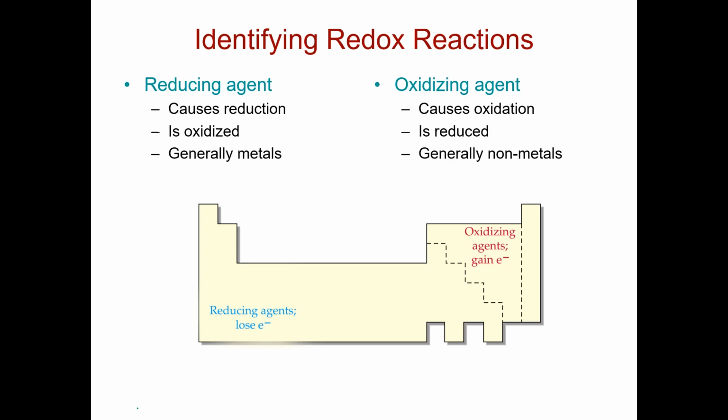So the reducing agent actually gets oxidized. It causes something else to be reduced. Generally, it's the metals that act as reducing agents. Not necessarily always, but in general, most of the time it will be a metal. The oxidizing agent causes something else to be oxidized, so it's actually the one being reduced. And generally that includes nonmetals.